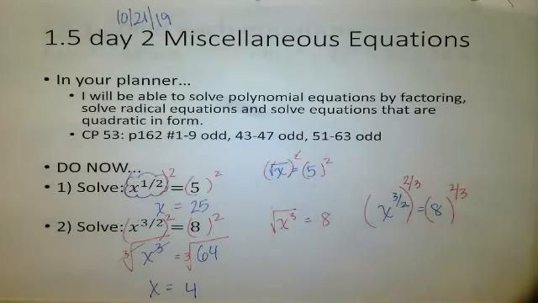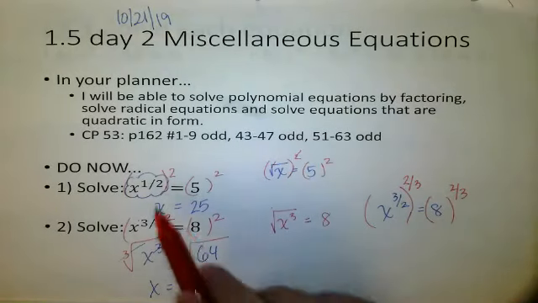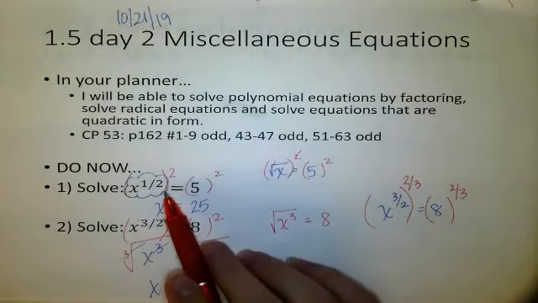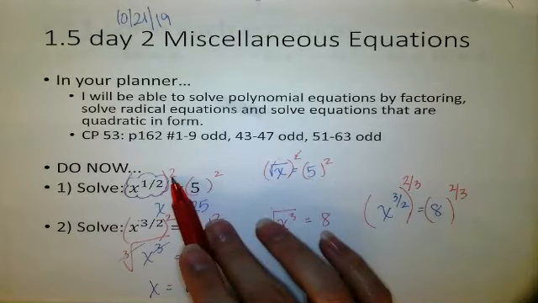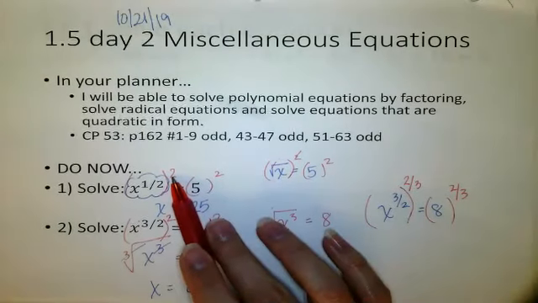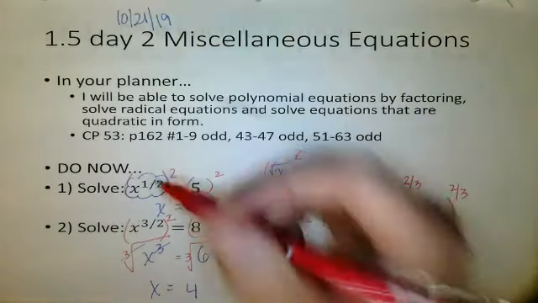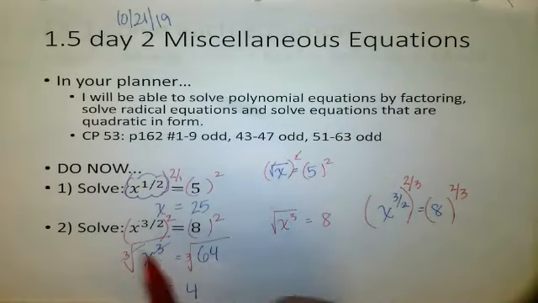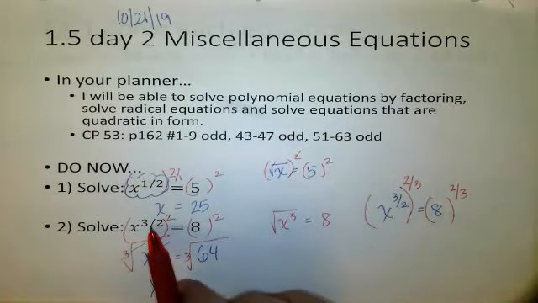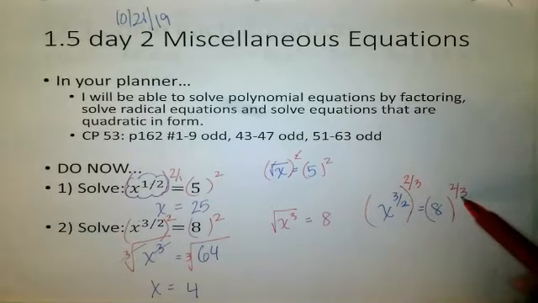All right, so here's what we can do. Anytime we're solving these rational exponent equations, we are technically just raising it to the reciprocal power. So this is 1/2, the reciprocal is 2 over 1. Here, the reciprocal of 3/2 is 2/3.